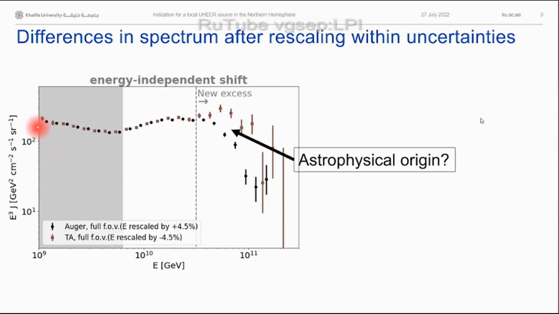Then you have a beautiful agreement at lower energies, below the ankle, and even up to higher energies, except at the highest energies, where there is still a difference between Telescope Array and the Pierre Auger Observatory in the energy spectrum. So the question we are trying to answer is whether we can explain this with an astrophysical origin.